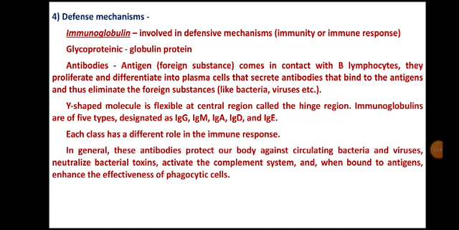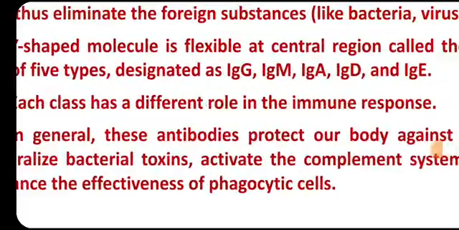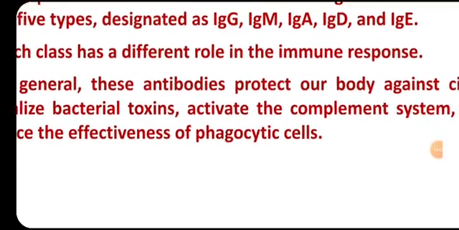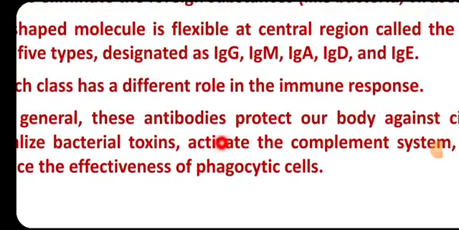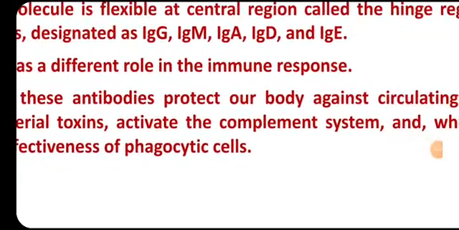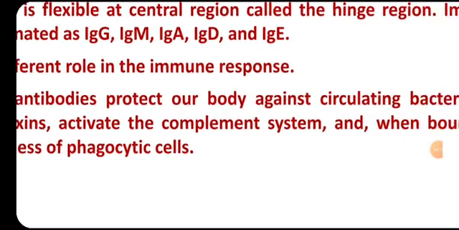In general, these antibodies protect our body against circulating bacteria and viruses. They are responsible for neutralizing the toxins. They are responsible for activating the complement system. The complement system is again responsible for activation of a cascade of lytic proteins that brings about the lysis of a bacterial cell.